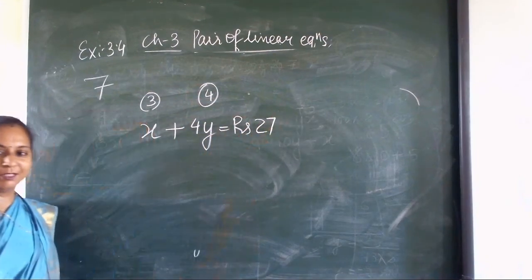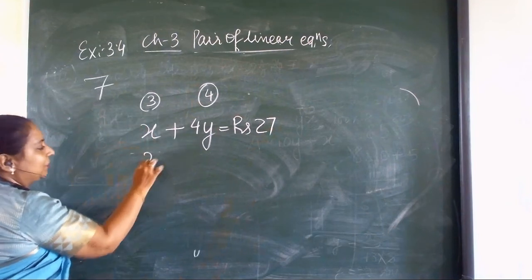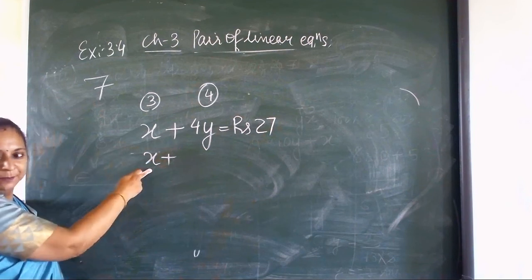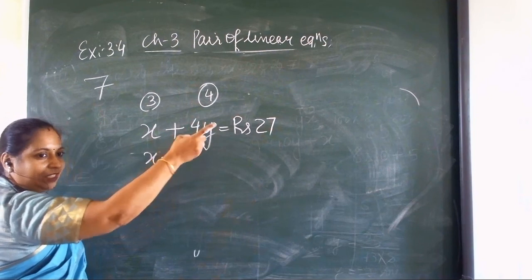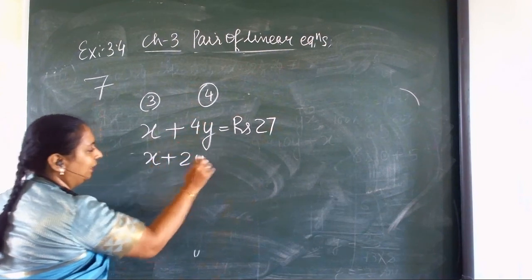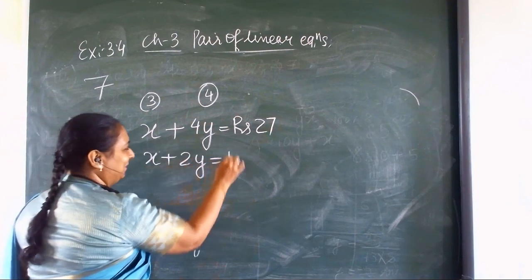This is the first equation. And similarly for the 5 days of the other person, fixed charge for the first 3 days and then additional charges, that is 2y, is equal to ₹21. This is the second equation.